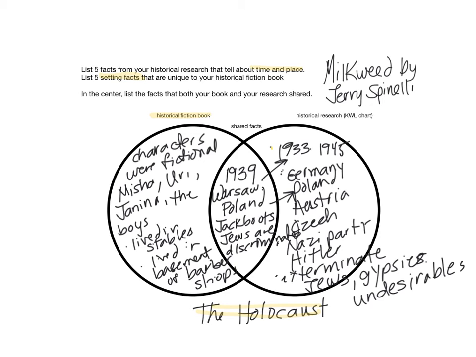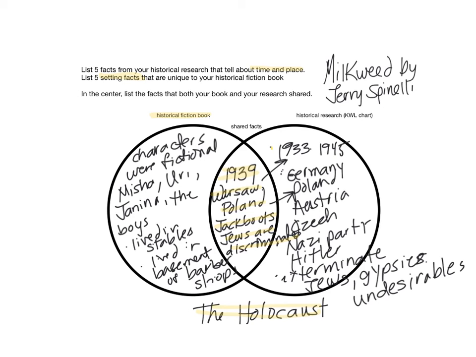That's where he's dropping these characters and this action. So it's pretty accurate, especially when we look at what these two pieces share: 1939, Warsaw, Poland, jackboots, Jews are discriminated against. Those facts are things that I found in my research.